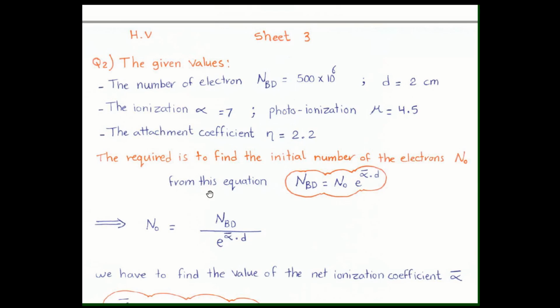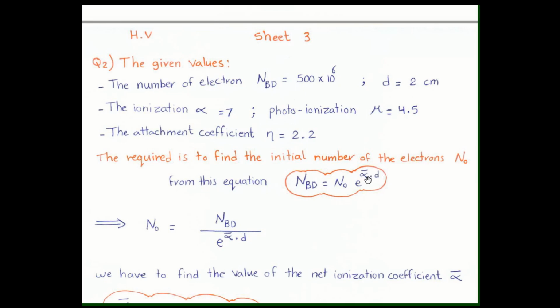So from this equation, NBD will be equal to N0, as I said, this is the initial number, e to the power net ionization into distance.